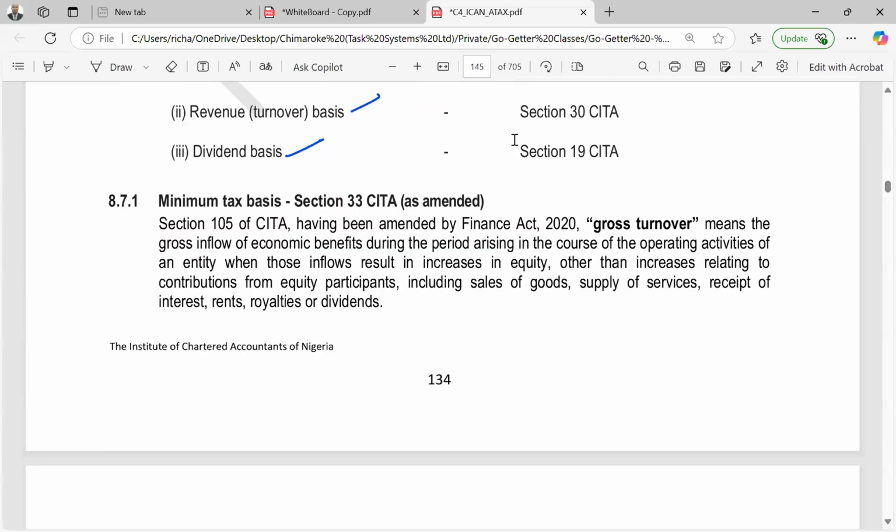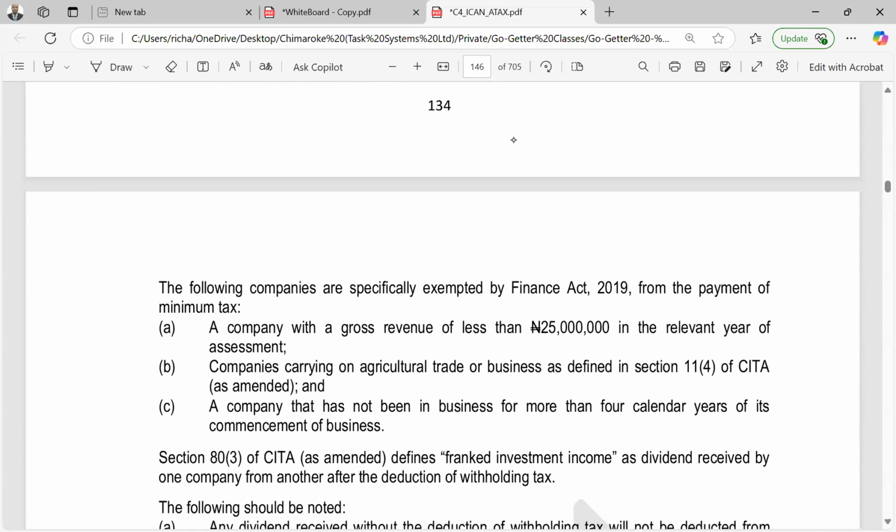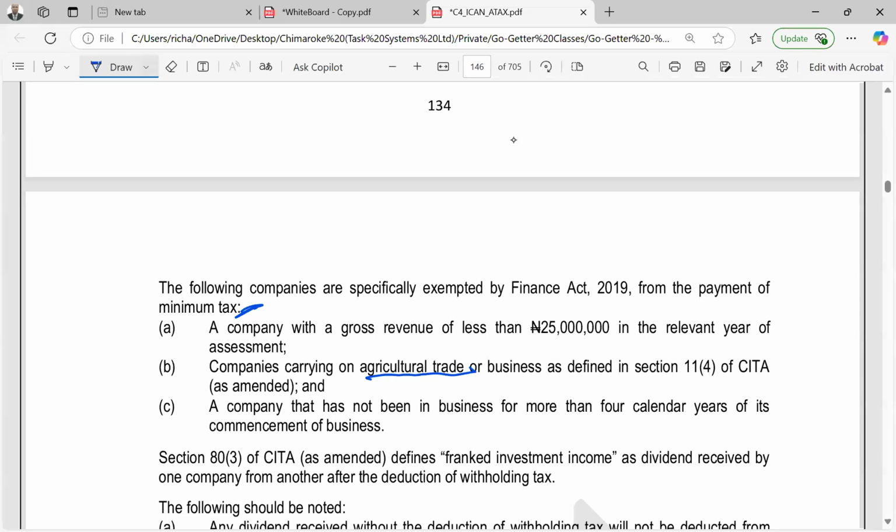Now, in minimum tax basis, the company with a gross revenue of less than 25 million, once your gross turnover is less than 25 million, you are not paying minimum tax. Also, if you are involved in agricultural business, you are also exempted from minimum tax.